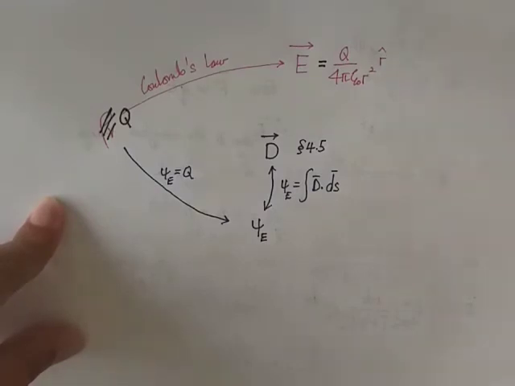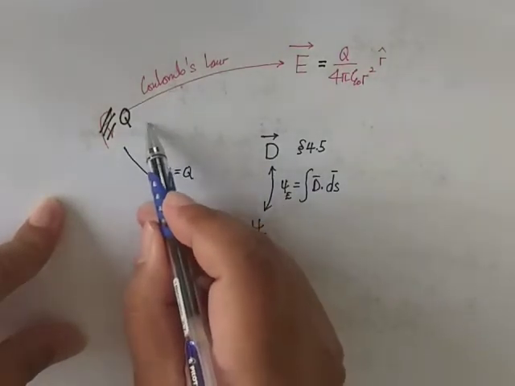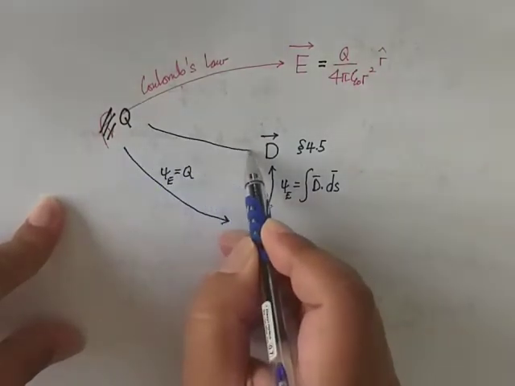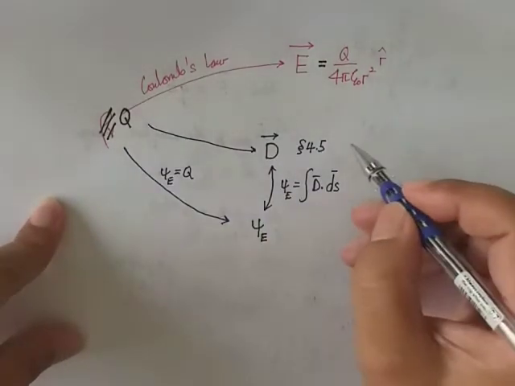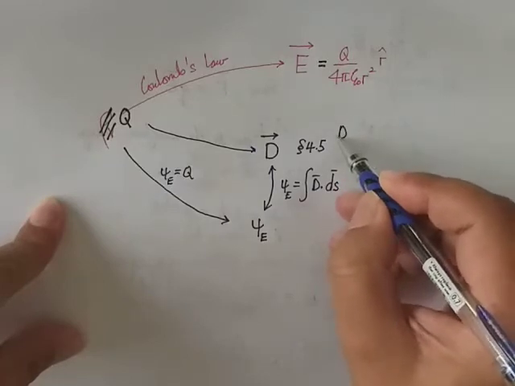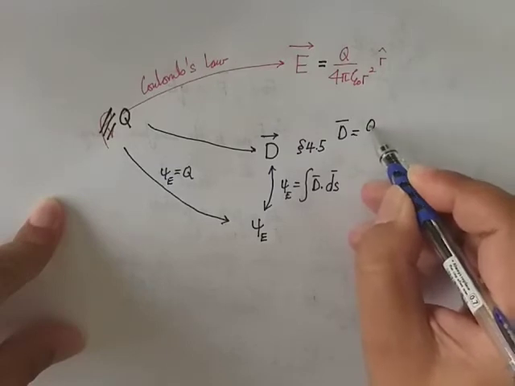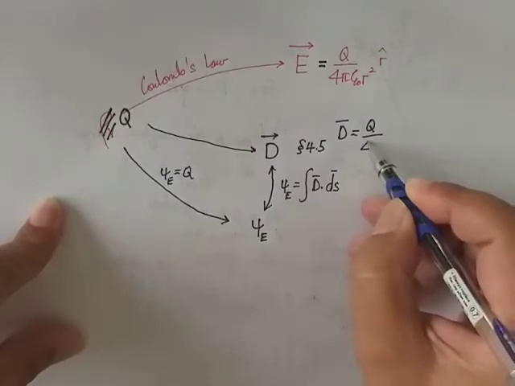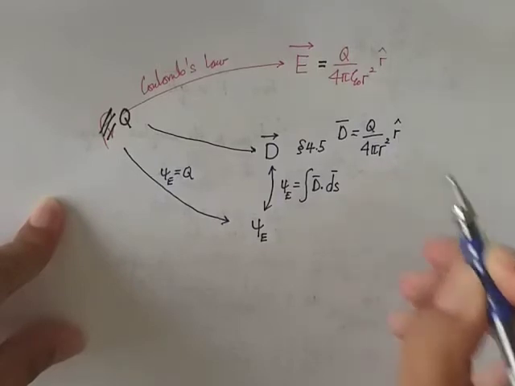Now, based on our previous example, when you have the point charge, we are also able to obtain the D. And from our discussion just now, the D is equal to what? Let's rewrite it again. It's equal to Q divided by 4 pi r squared, in the r direction.